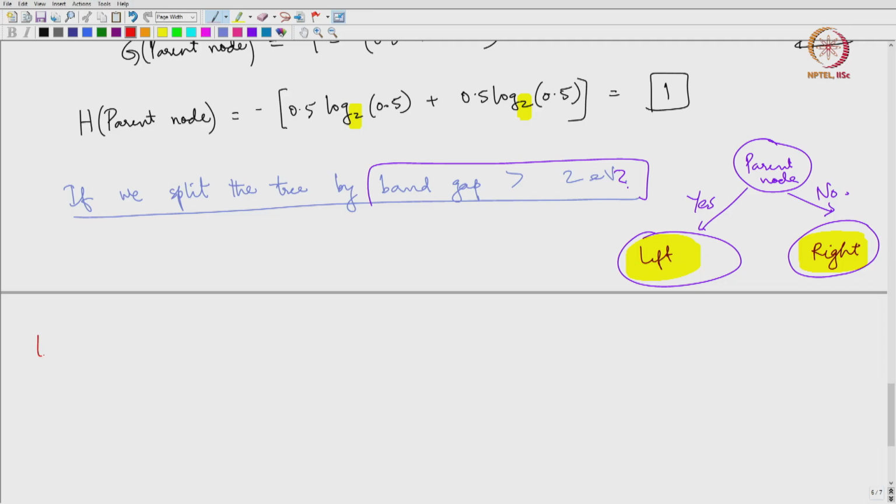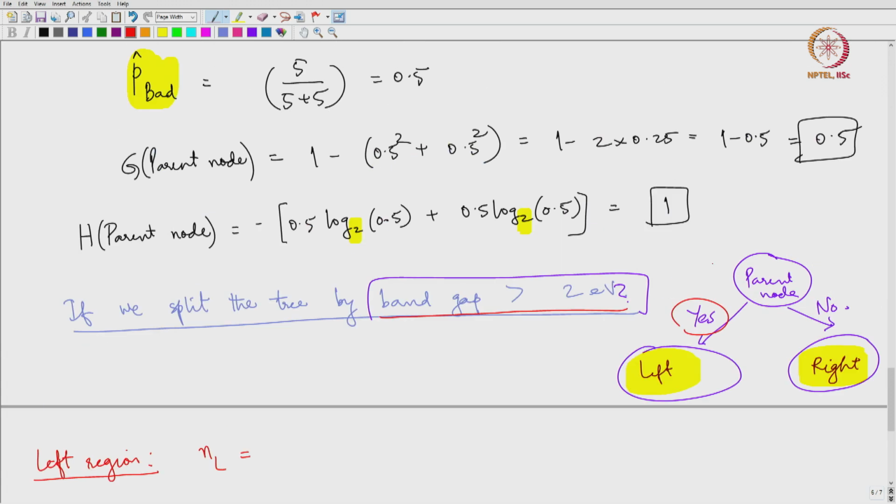So let us go ahead and focus on the left region. First things first, how many points are there in the left region? Let us try to find out. That will give you NL. Left region means that the question band gap greater than 2 eV has to be answered by a yes.